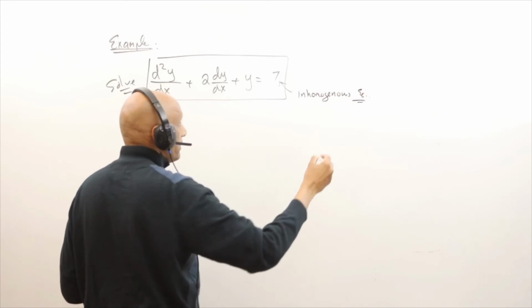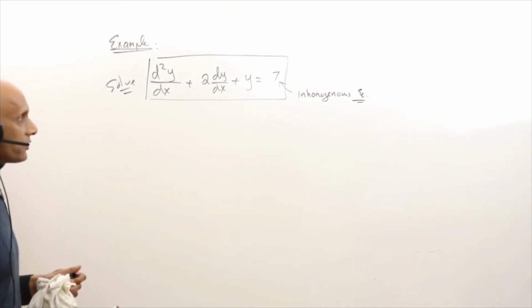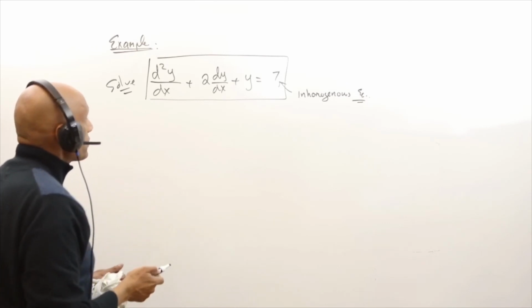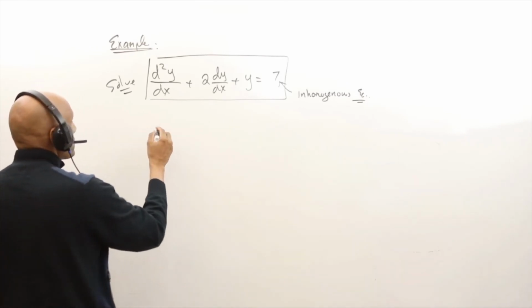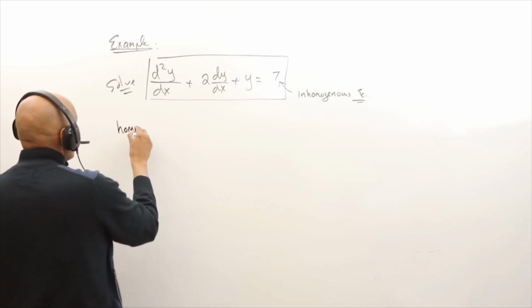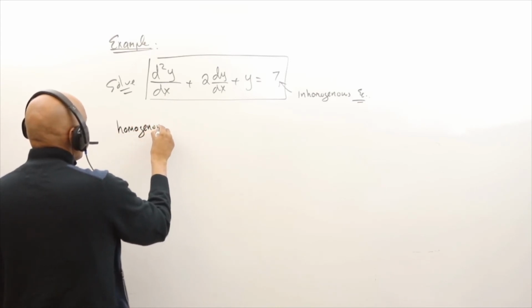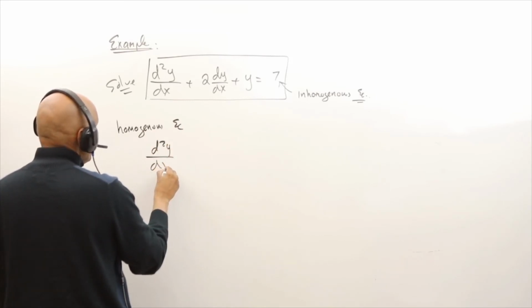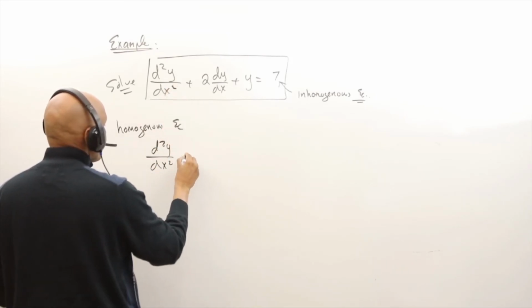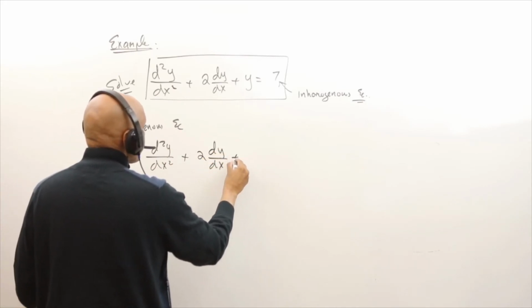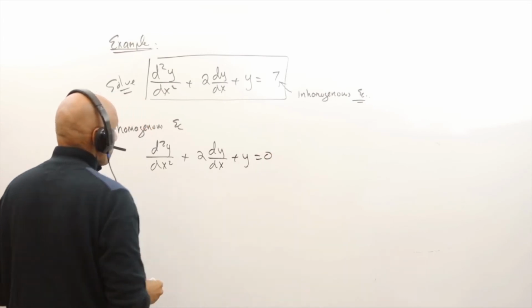I don't want to write a linear differential equation with constant coefficients, so I'm just going to call it the inhomogeneous equation. So for the inhomogeneous equation, we get the characteristic equation for the homogeneous equation, right? So remember, the homogeneous equation is going to be d squared y dx squared, oops, got the squared there, plus 2 dy dx plus y is equal to 0.